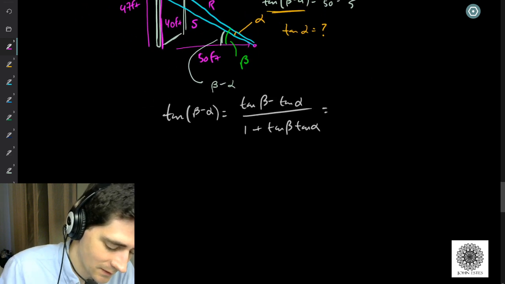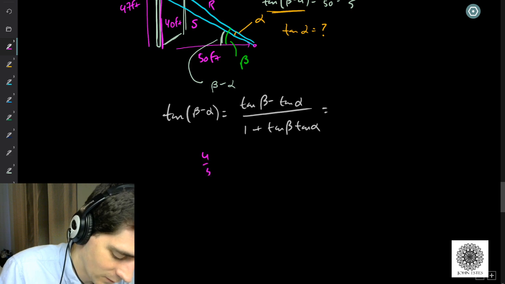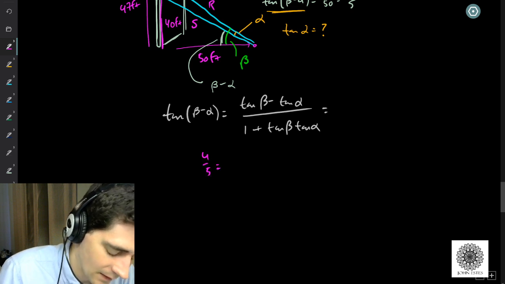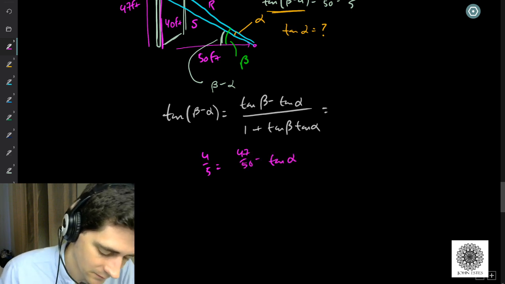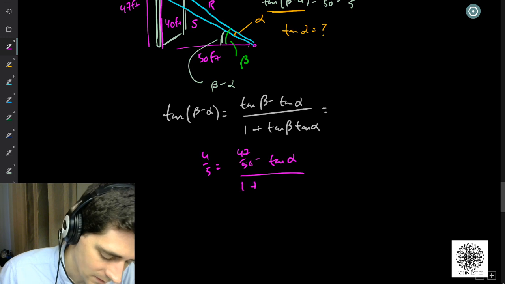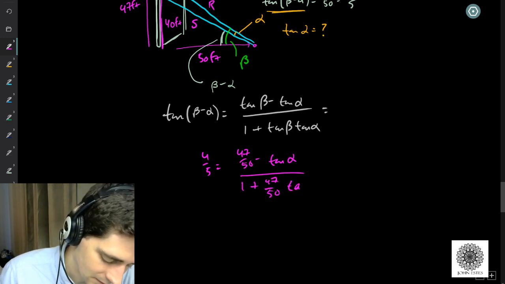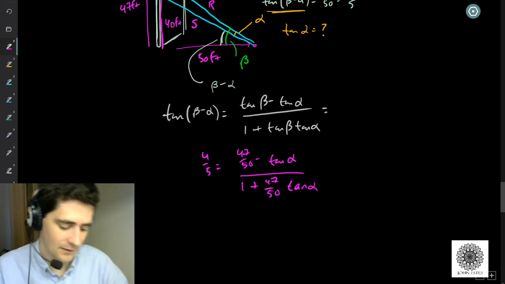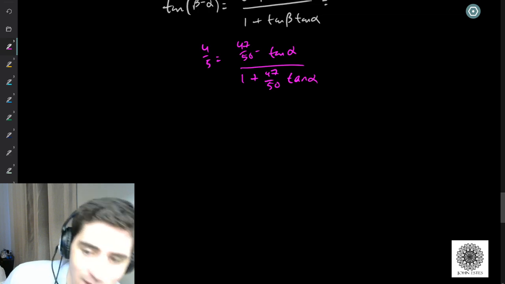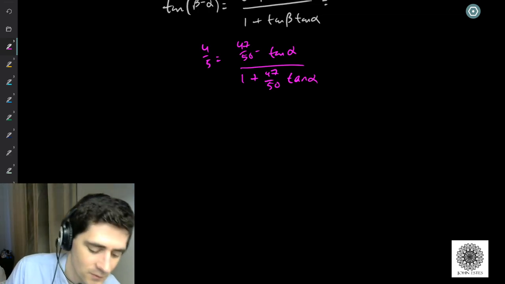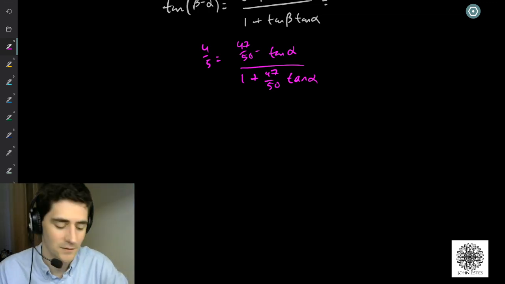I know that tangent beta minus alpha is 4/5, and I know that tangent beta is 47 over 50. We don't know tangent alpha, so we're trying to figure out 1 plus 47/50 tangent alpha. And I can use algebra to solve for tan alpha, which is what we're going to do.